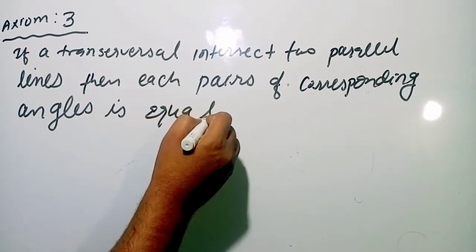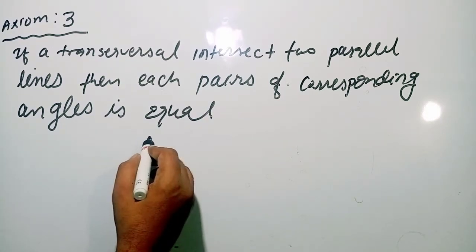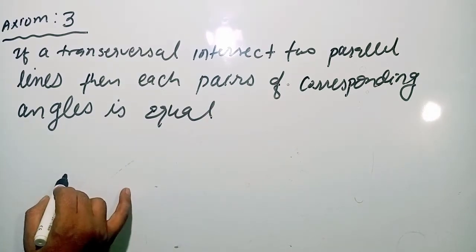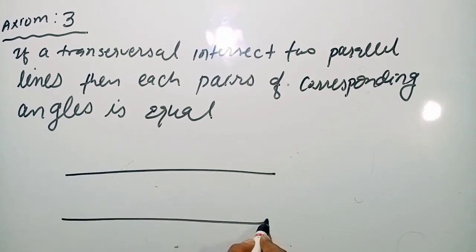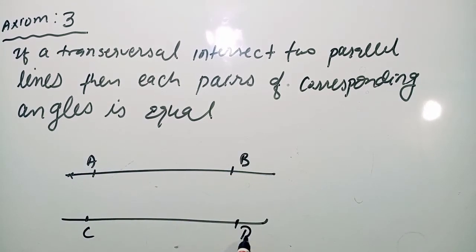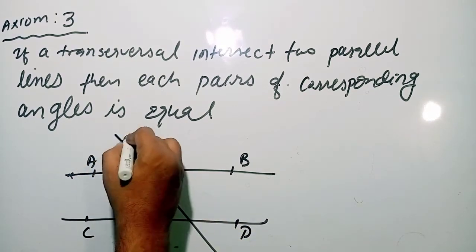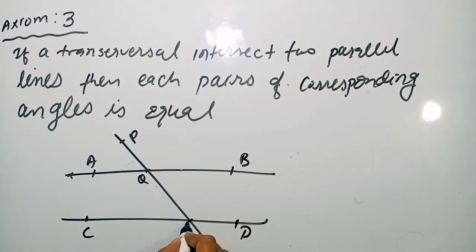Each corresponding angle is equal. So students, let us consider two parallel lines. This is line AB and this is CD, right? And consider here the transversal. This is P intersecting at Q, at R and S, right?